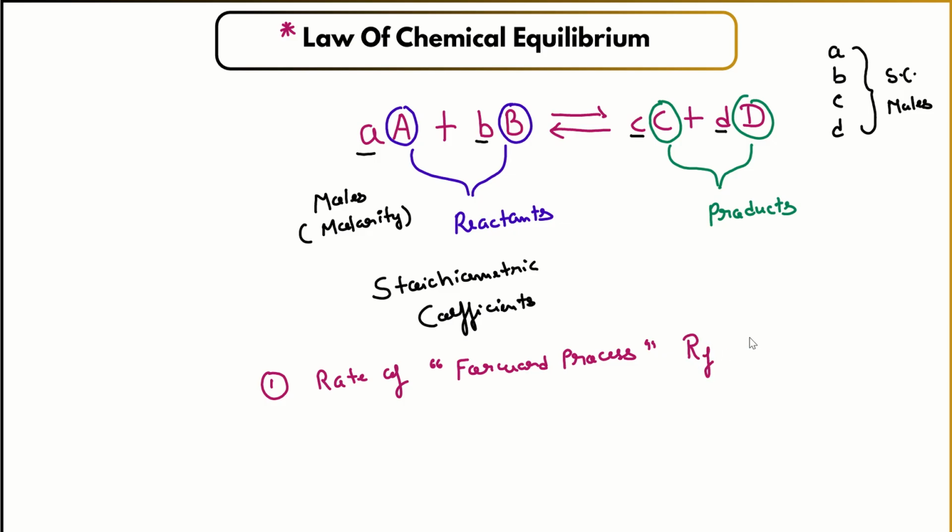So this law says, number one, the rate of forward process is directly proportional to the concentration of reactants. In the forward process, these are the reactants, capital A and capital B. So the concentration of reactants, which we write as [A] into [B], raised to the power of their stoichiometric coefficients or moles. Their stoichiometric coefficients were small a for A and small b for B. Okay.